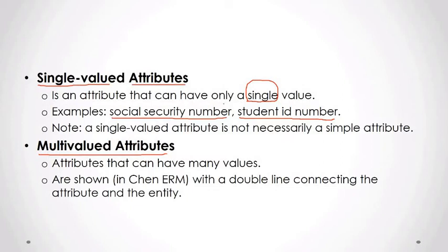That's because for every person in this planet, that person has only one social security number. Okay, this is a government given number. So the government will only give one value to each individual.